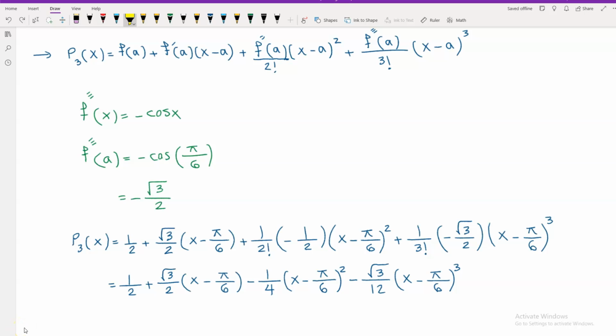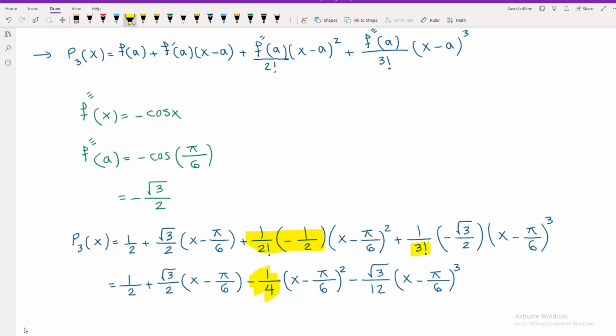So simplify, this is equal to 1 over 2 plus square root of 3 over 2 times x minus pi over 6. Then this part we have 2 factorial is 2, so we have 1 over 2 times negative 1 over 2, so this is negative 1 over 4 times x minus pi over 6 to the second power.